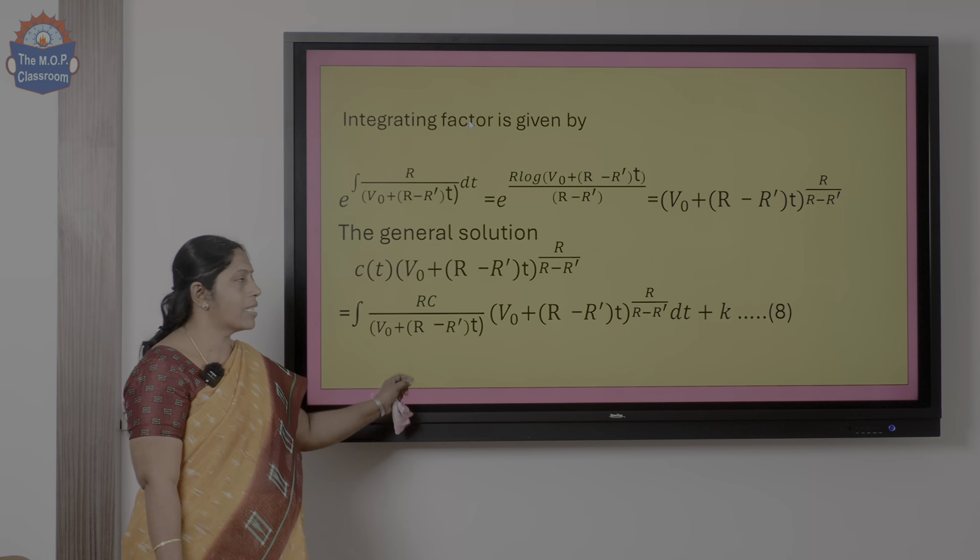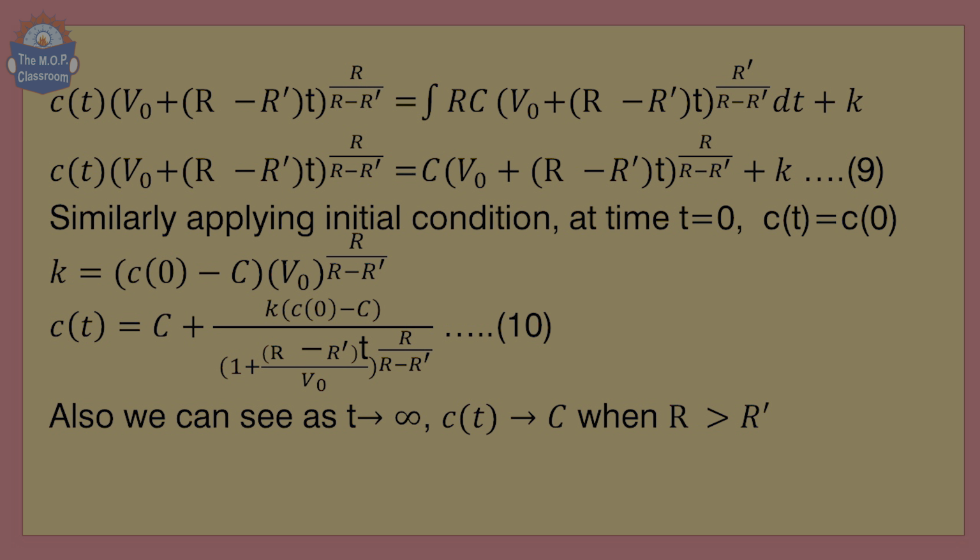So, again we apply the initial conditions, that is at time t is equal to 0, the concentration C of t is equal to C naught. Applying this initial condition in our solution, we get the expression for k to be equal to C naught minus C into V naught to the power R divided by R minus R dash.